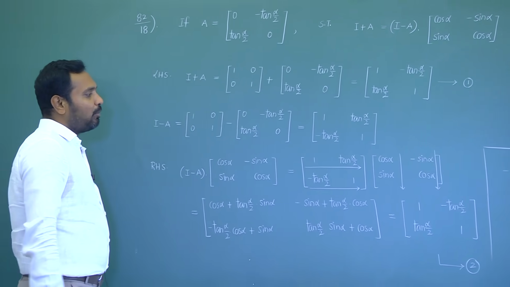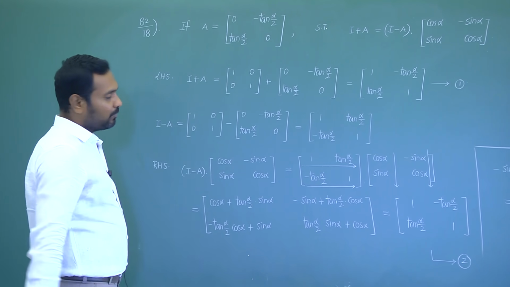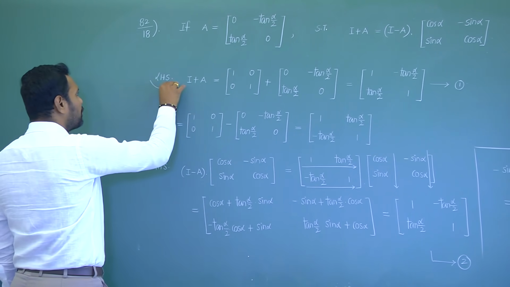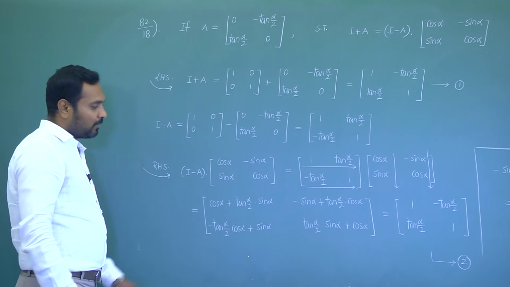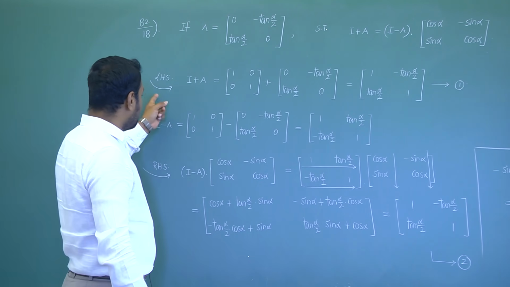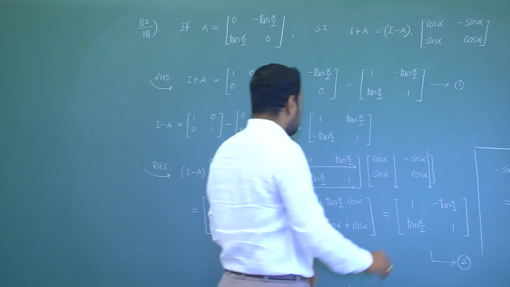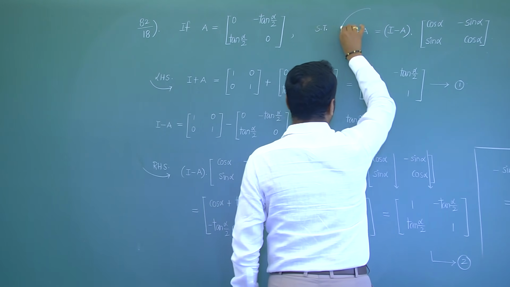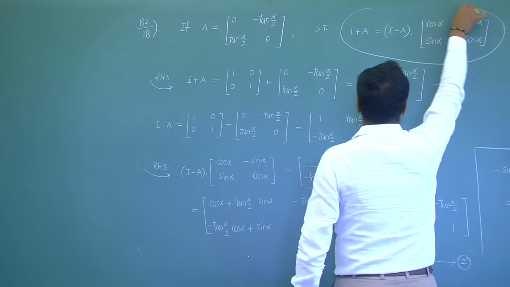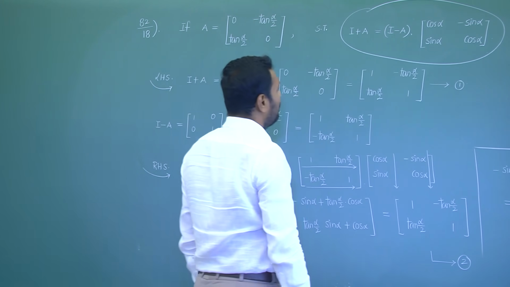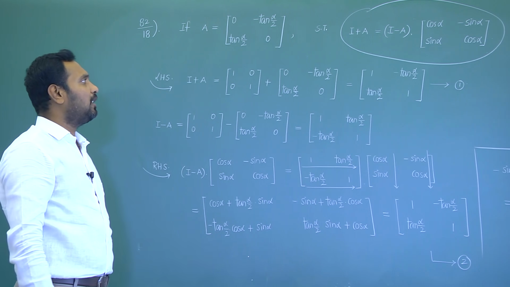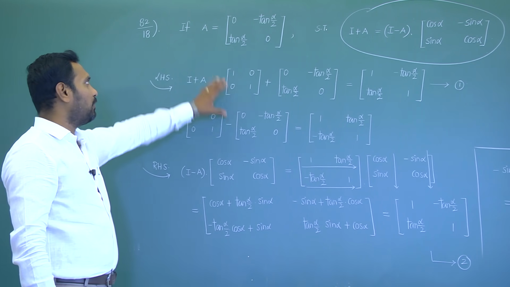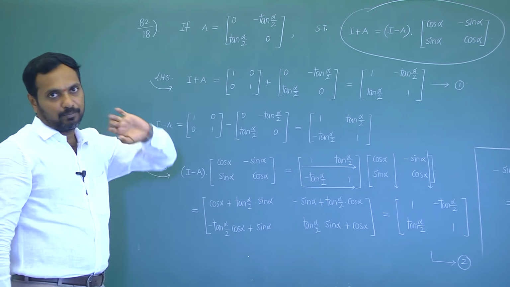If you observe 1 and 2, they are equal, so LHS equals RHS. In the last step, as LHS equals RHS, we have to write this again: I plus A equals I minus A into [cos alpha, minus sin alpha; sin alpha, cos alpha] for this particular problem given to you.